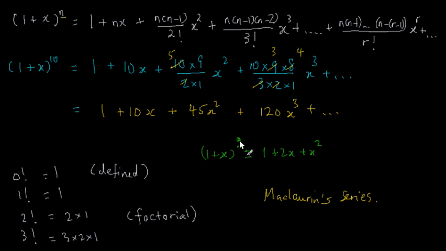So when the power is 2, this expansion stops at x squared, and when I have 1 plus x cubed, it's 1 plus 3x plus 3x squared plus x cubed. So this expansion stops at x cubed. So it's quite easy to know when it stops. When it's squared, it stops at x squared. When it's cubed, it stops at x cubed. So the power of x where it stops is the same as the power of this factor of this binomial.